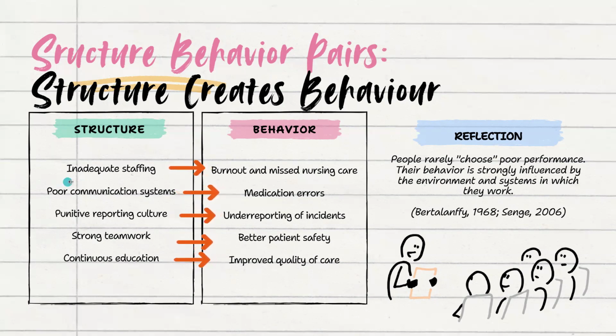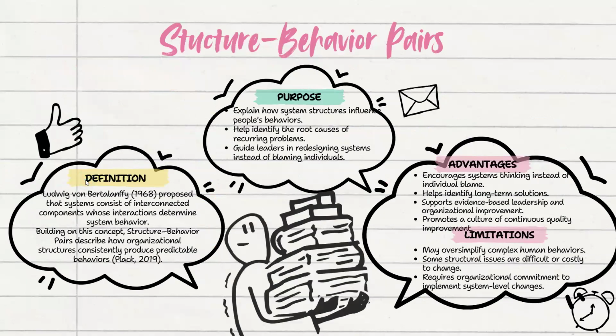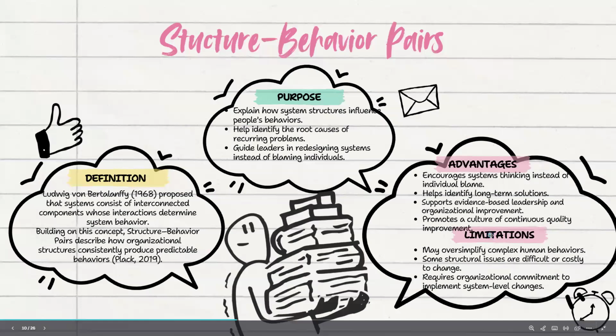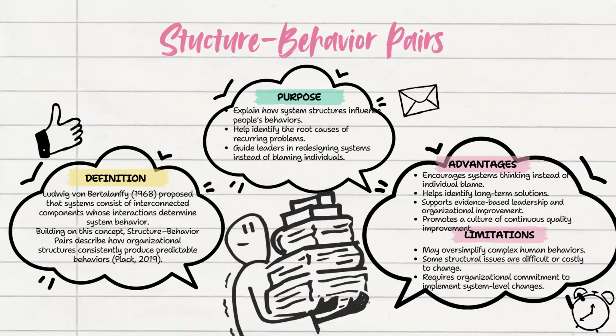The purpose of structure behavior pairs is to identify the organizational structures that create recurring behaviors and outcomes. Instead of blaming individuals, this tool encourages leaders to improve the system itself. One of its advantages is that it promotes systems thinking, supports long-term solutions, and helps nurse leaders or healthcare administrators identify the root causes rather than simply treating the symptoms.